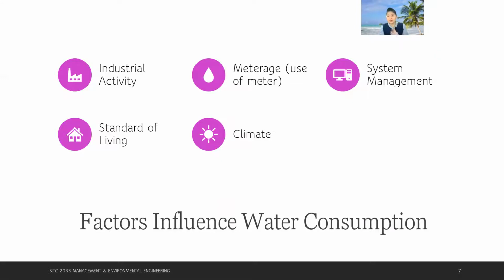Third one is the system management. When we say about management, the system management, let's say when you're having a house on a flat land, the water is actually flowing down through gravity. So if your house is located at the lower land, then there is no problem, you don't need extra pump or anything.